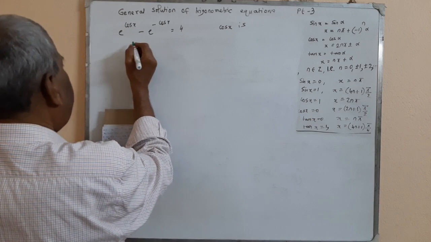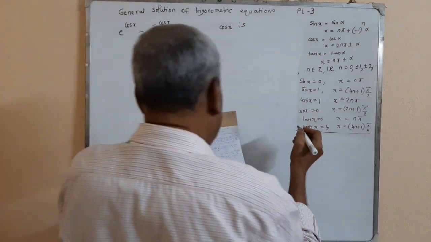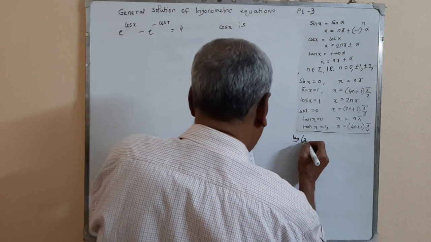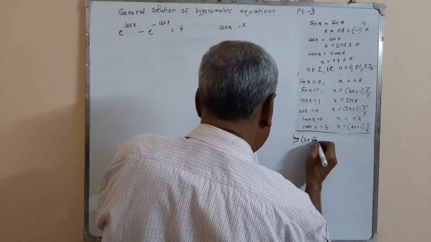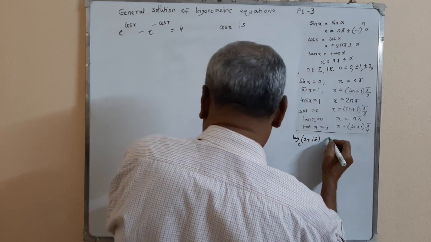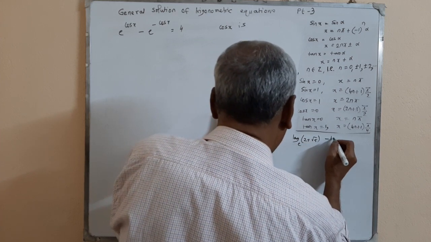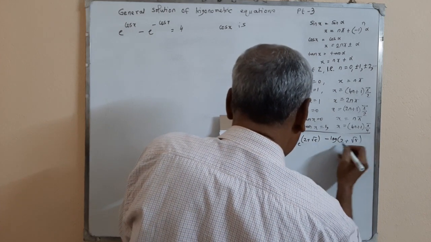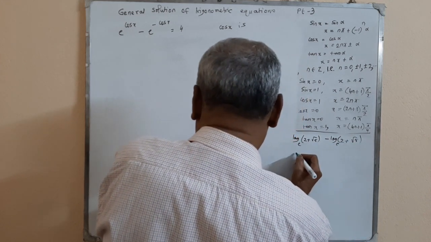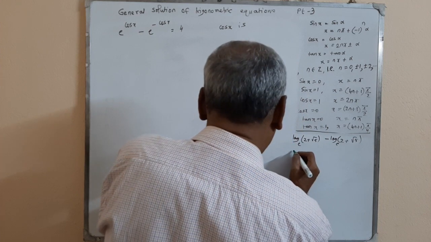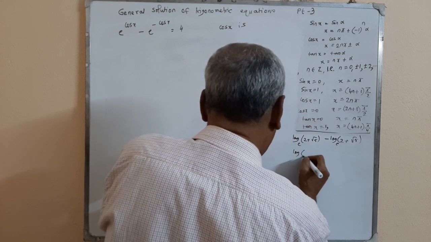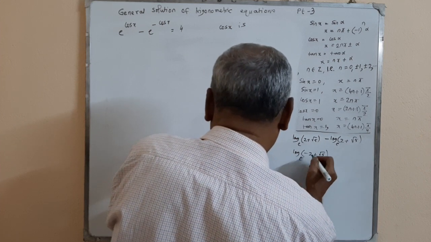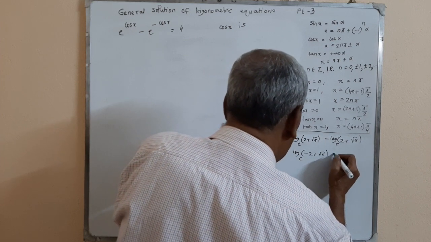Options: log of 2 plus root 5 base e; minus log of 2 plus root 5 base e; log of minus 2 plus root 5; and has no value.